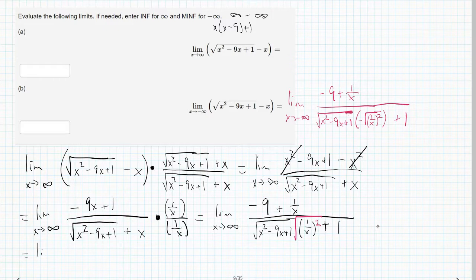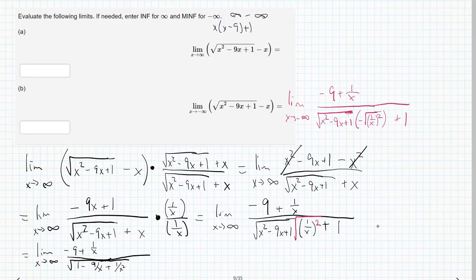But in this case, we get limit as x approaches infinity. We have negative 9 plus 1 over x, all divided by, when we make that 1 over x squared, multiply it on through, notice we get the square root of 1 minus 9 over x, and then that square root's continuing on down there, plus 1 over x squared.